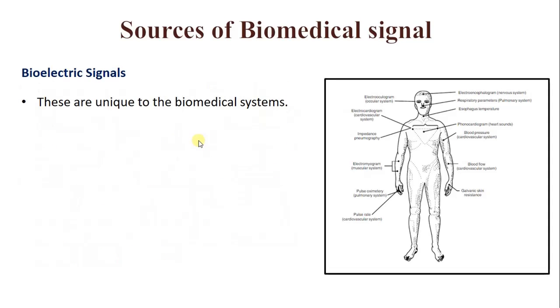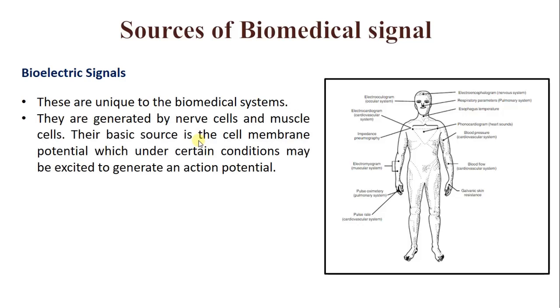Bioelectric signals are unique to biomedical systems. The first source of biomedical signal is the bioelectrical signal. They are generated by the nerve cells and the muscle cells. The basic source is the cell membrane potential, which under certain conditions may be excited to generate an action potential.